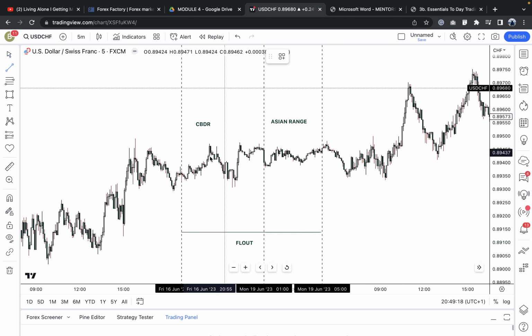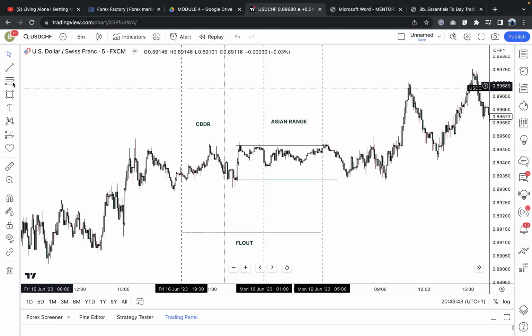We have one here, another one here, and then one here. The highest candle that closes is this one here, and the lowest close is this one here. So we're going to pull from the highest body close, and then the lowest is this one down here.